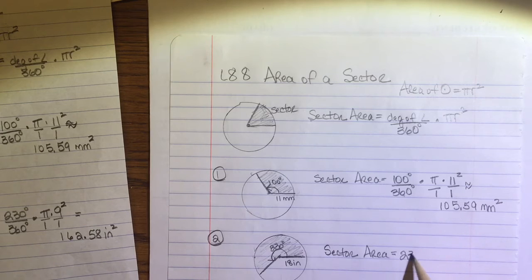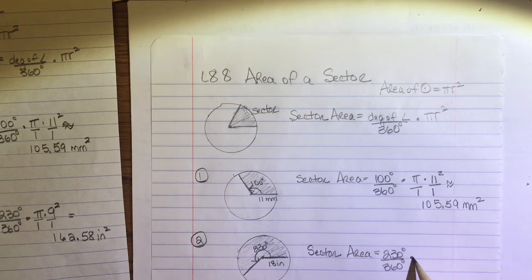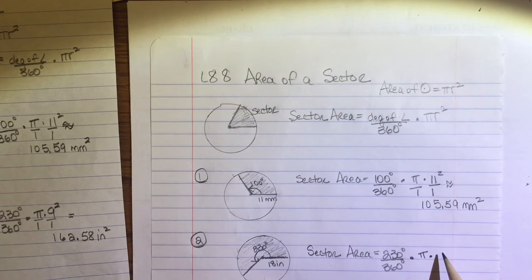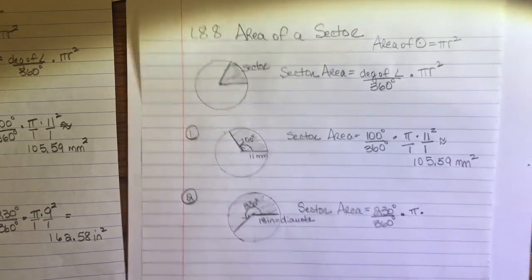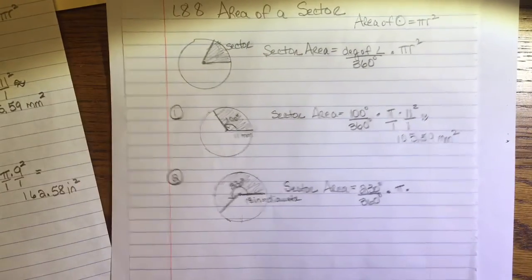equals 230 degrees over 360 degrees times pi times, now actually in this case I had let the 18 inches, I just looked at my example, I had actually let the 18 inches be the diameter. And I don't even know if they give you any with diameters in your classwork, in your lesson.